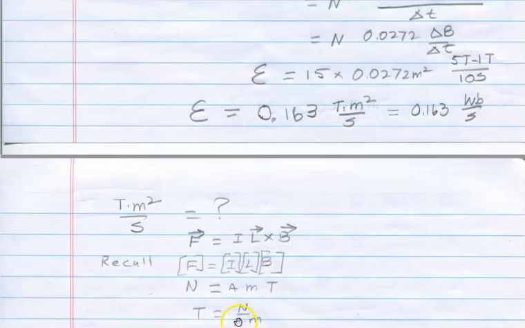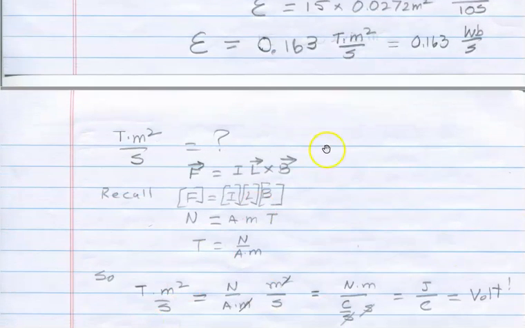So I can take that and put it up here for this EMF term. So a Tesla meter squared per second, the Tesla we just found was a Newton per amp meter. I get one cancellation of meters here. On top I'll get a Newton meter. And on bottom, an ampere times a second. But now I remember an ampere, well, that's just a coulomb per second. So the seconds go out.